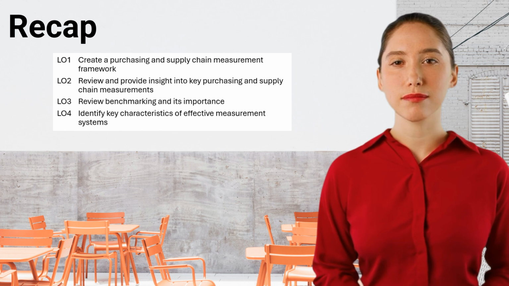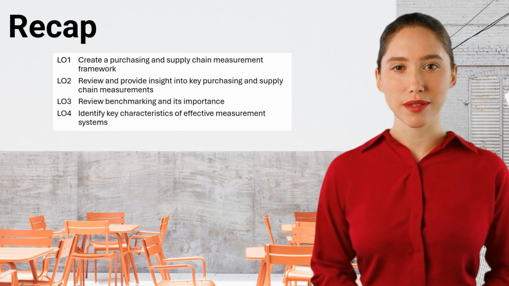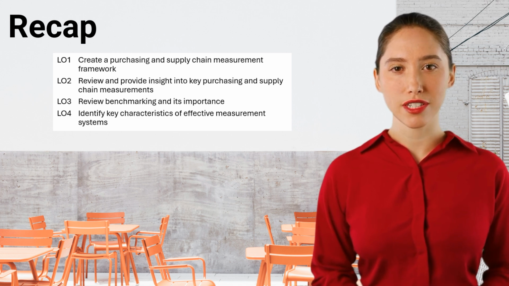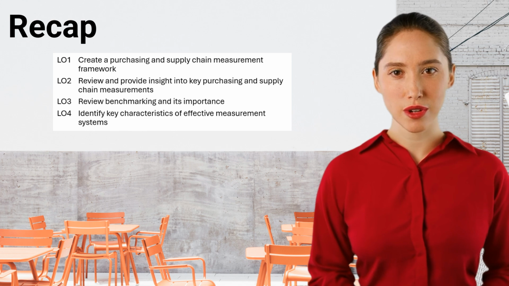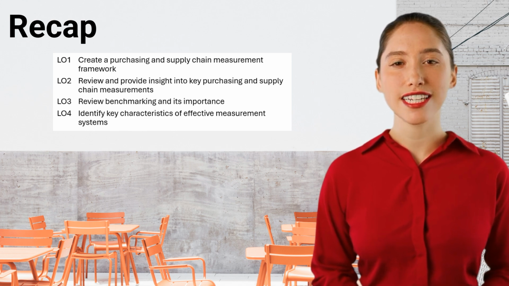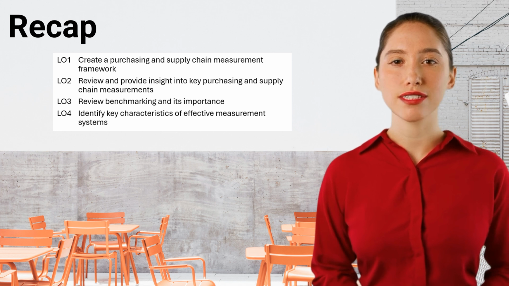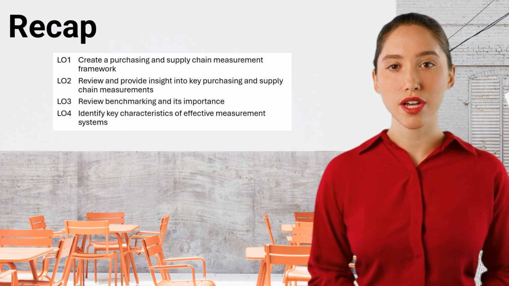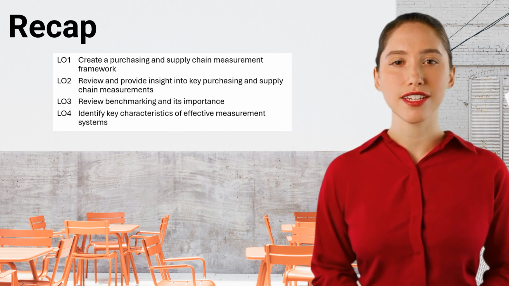Third, we examined benchmarking and its importance. Benchmarking involves comparing a company's processes, activities, and performance metrics with those of industry leaders or top competitors. By identifying best practices and performance gaps, benchmarking helps organizations improve processes, encourage innovation, and remain competitive.